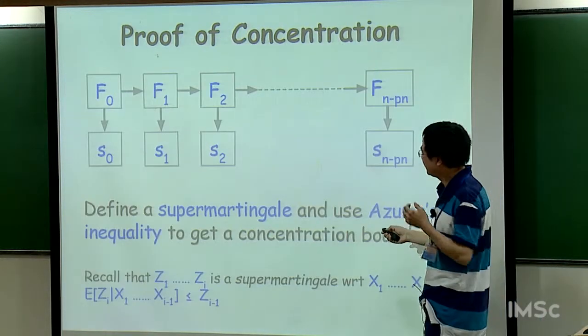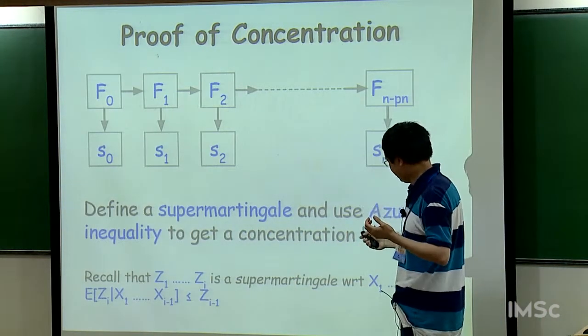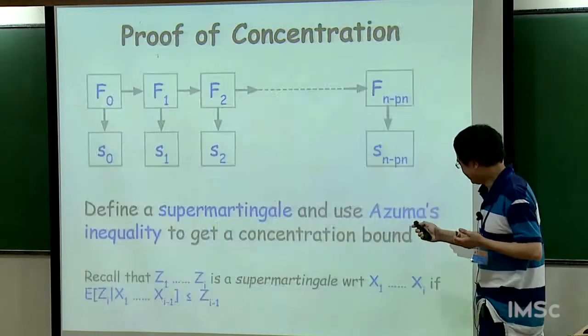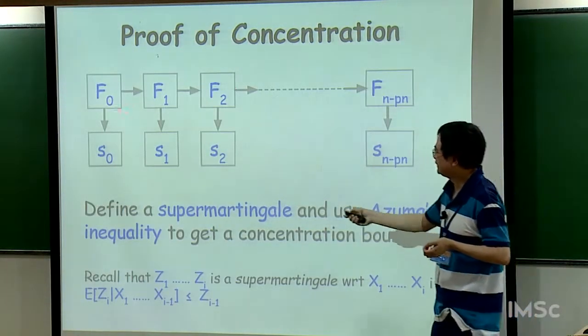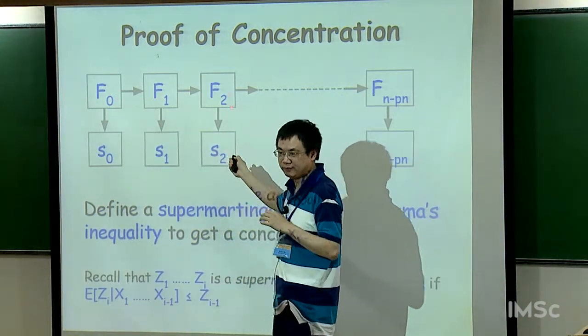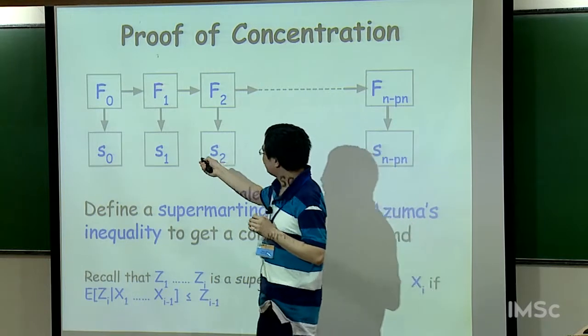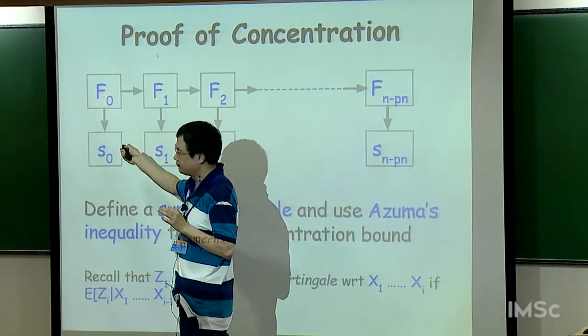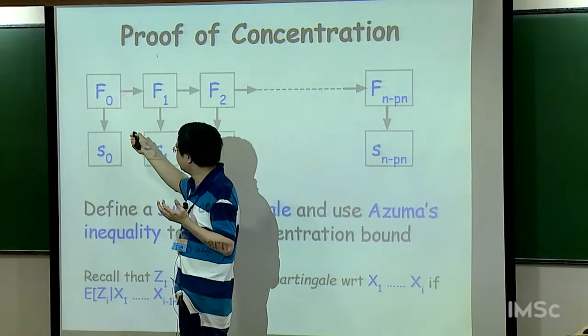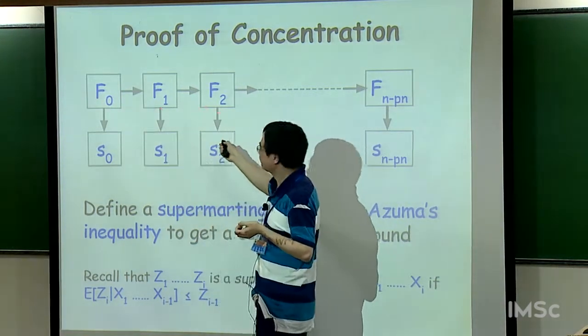So how can we prove this concentrated shrinkage property? It's actually quite simple. We can think of this process as generating formulas step by step. Say F1 is obtained from F0 by restricting the most frequent variable appearing in F0.